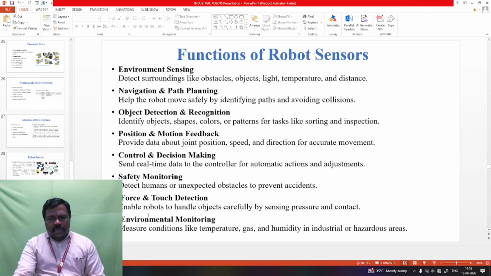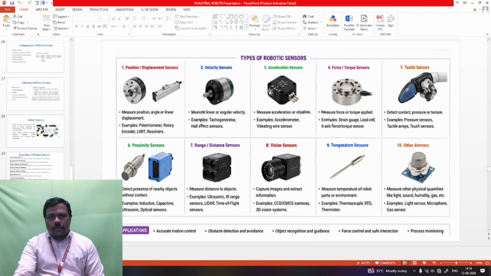Enable robots to handle objects carefully by sensing pressure and contact. Environmental monitoring. Measure conditions like temperature, gas and humidity in industrial or hazardous areas. We have to use different types of sensors: position sensor, velocity sensor, vision sensor, temperature sensor.